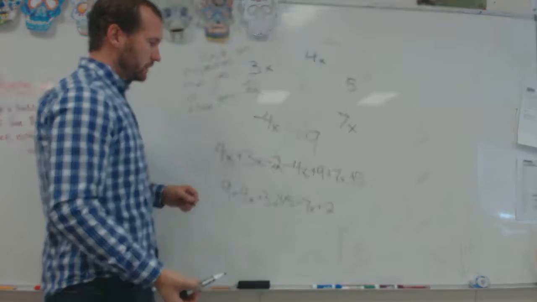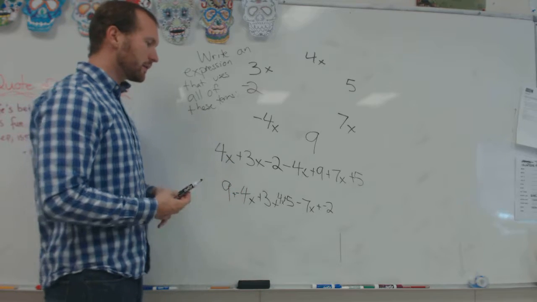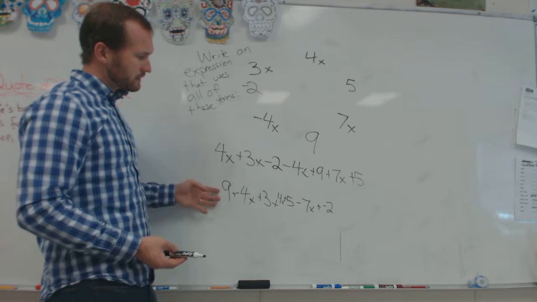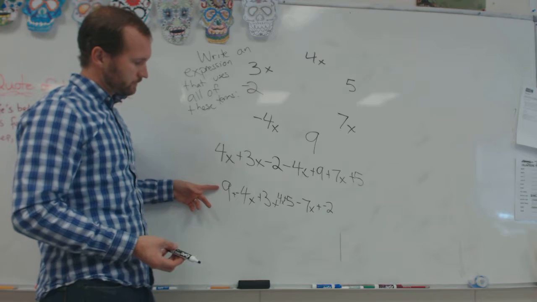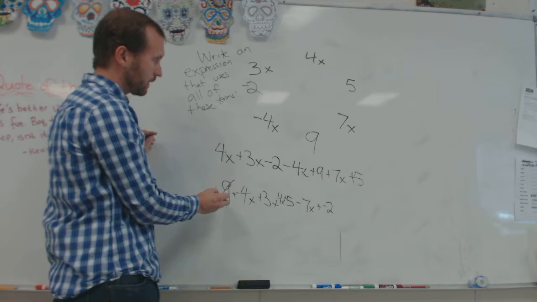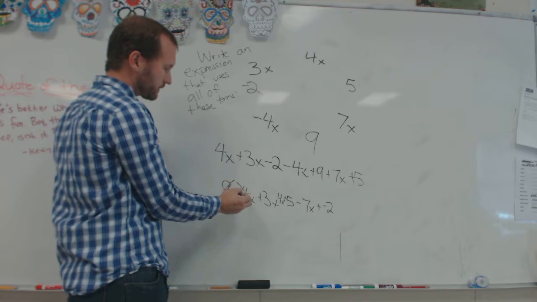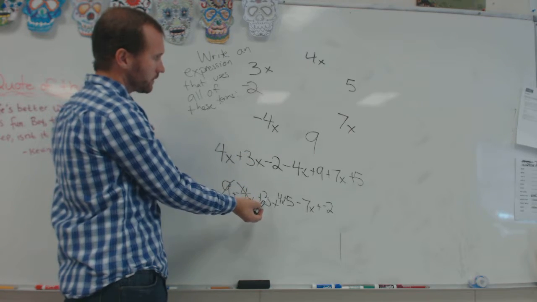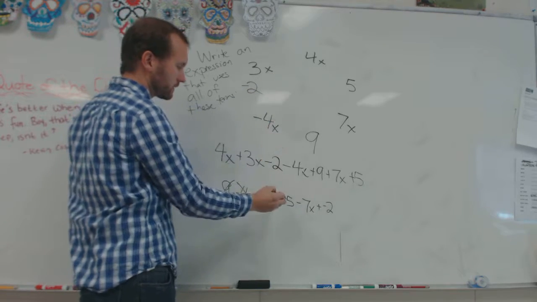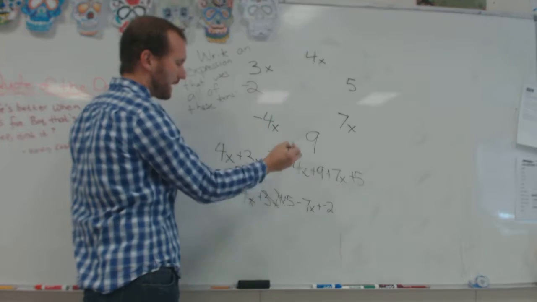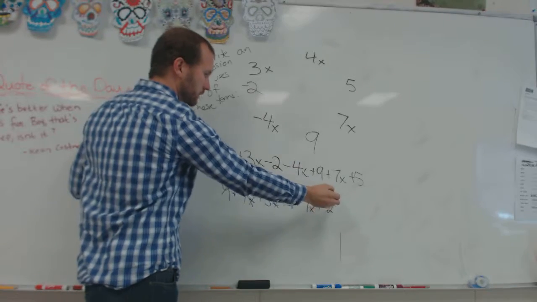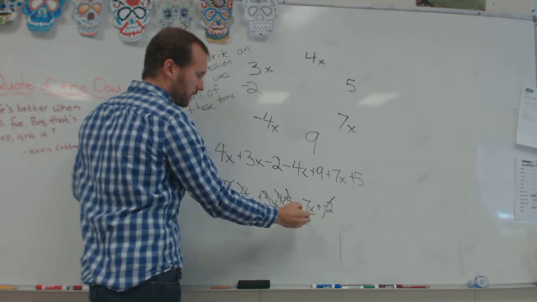Okay. So I see one thing about this that does not match these terms. Does anyone else see it? So we've got our 9. We've got your negative 4x. You've got your 3x. You've got your 4x. You've got your 5. You've got a negative 2. What about this term, though?